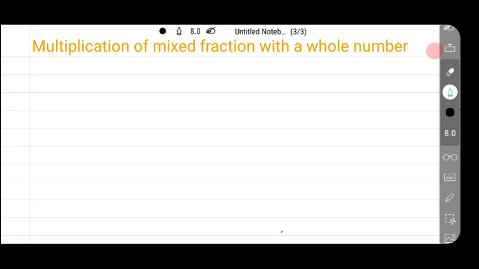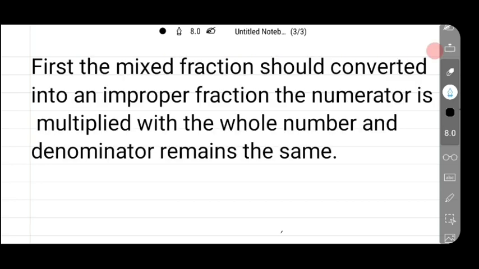If we want to multiply the mixed fraction with the whole number, then first we should convert the mixed fraction into improper fraction, and then numerator is multiplied with the whole number and the denominator remains the same. Let us take an example. 3 into 2 whole 5 upon 7. Let us write.